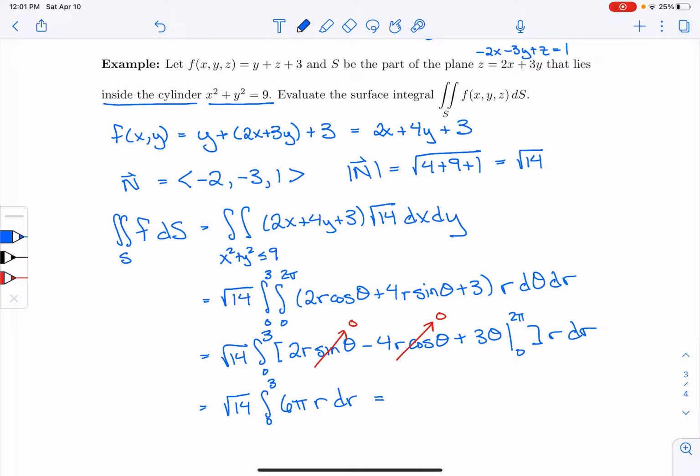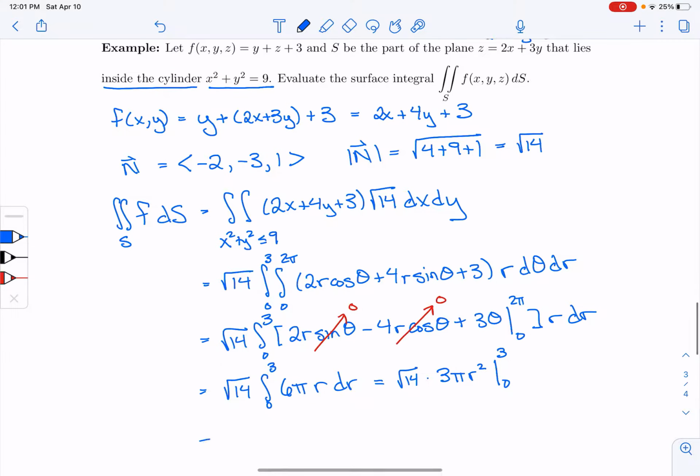So that's a nice simple integral to do. So I'm going to get the square root of 14 times 6 pi r. I'm going to integrate with respect to r and get 3 pi r squared, evaluated between 0 and 3. And so finally, substituting in r equals 3, I'm going to get a 9 for r squared, so I'll get 27 pi root 14.